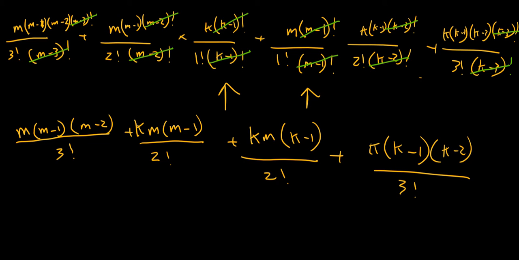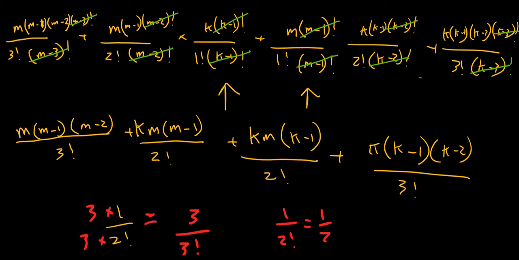Okay, so if we have 1 over 2 factorial and we need to make that 3 factorial, we can multiply numerator and denominator by 3 to get 3 over 3 factorial. Now our original was 1 over 2 factorial, which is just half.